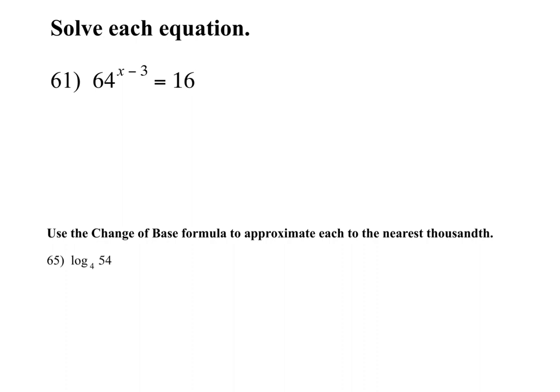So let's take the log of both sides. I have log of 64 to the x minus 3 equals log of 16. Well, I need that x. That's what I'm trying to solve for, and it is in my exponent place.